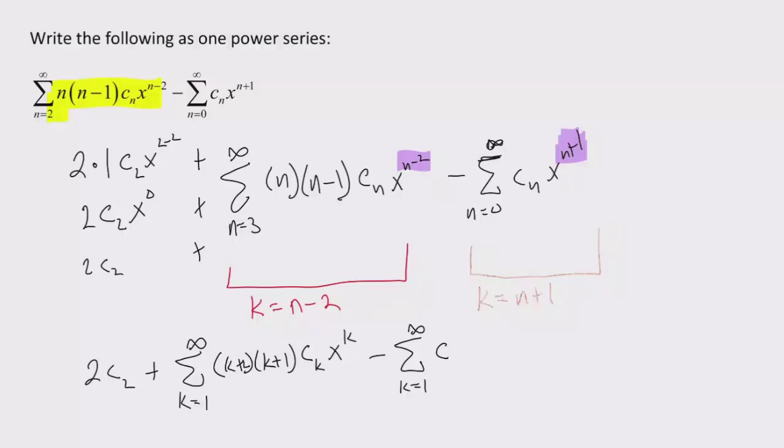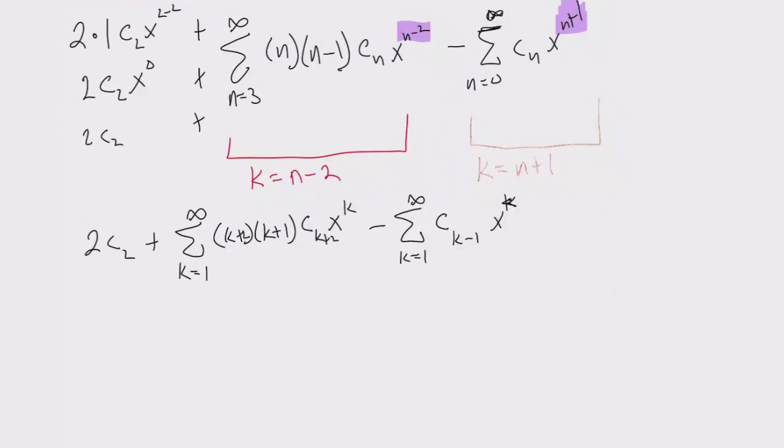Alright, so then minus the summation from k equals 1 to infinity of c sub k minus 1, and this would be k plus 2, of x to the k. So now I got the exponents to match at least. And so now we can combine our summations. Our pattern would become 2c2 plus the summation for k equals 1 to infinity.